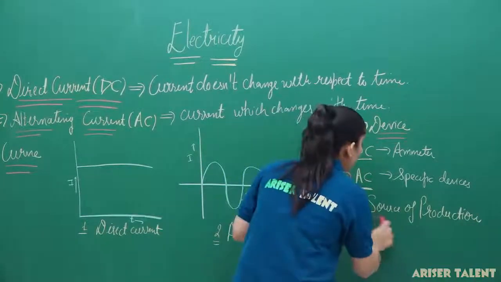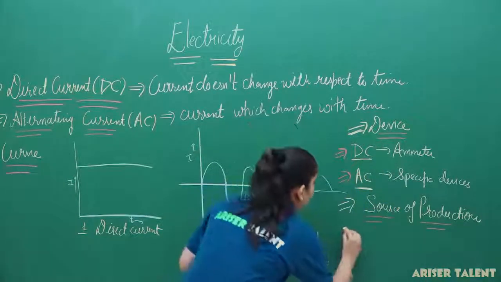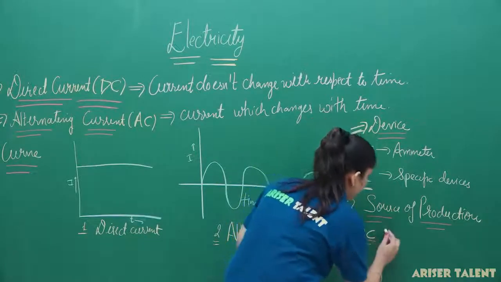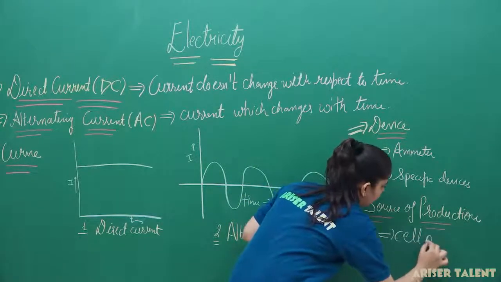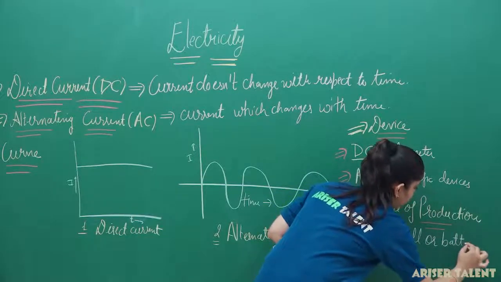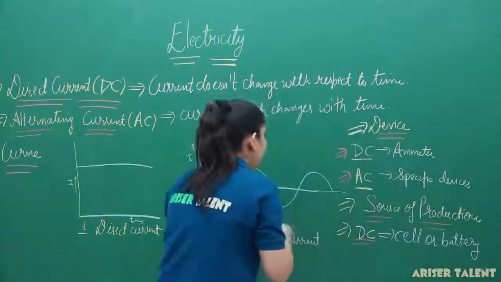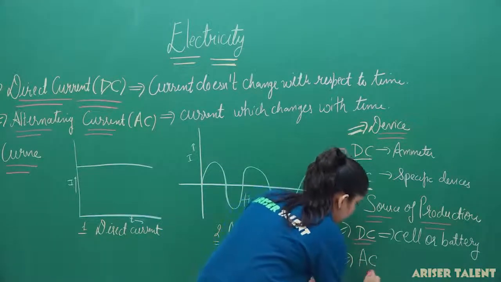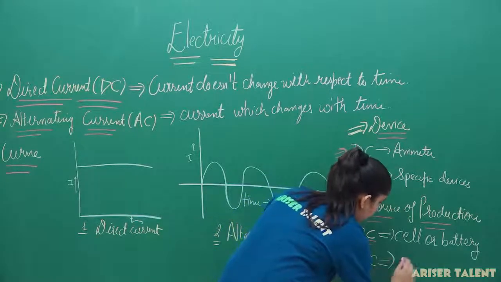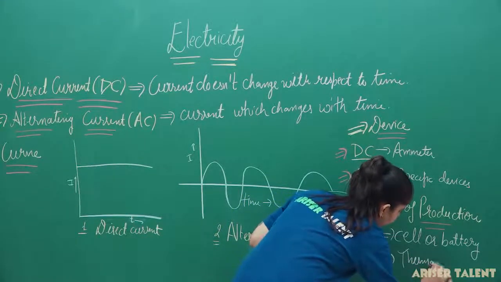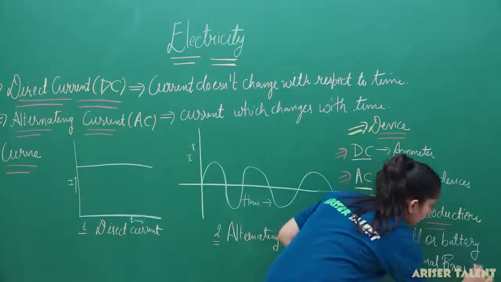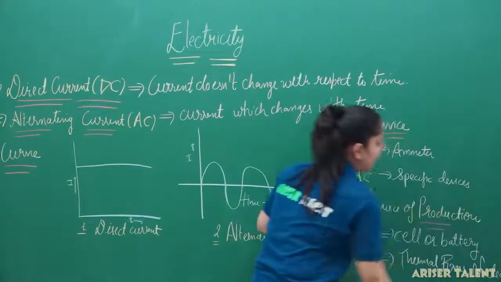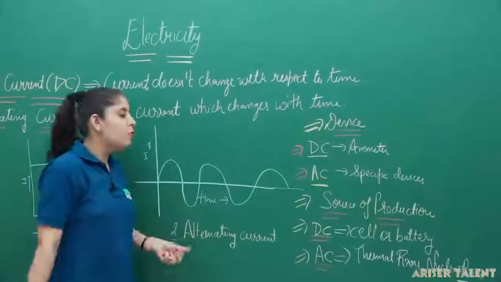The source of production for DC is a cell or battery, but for AC, thermal reactions and nuclear reactions are required. So this is about the source of production.